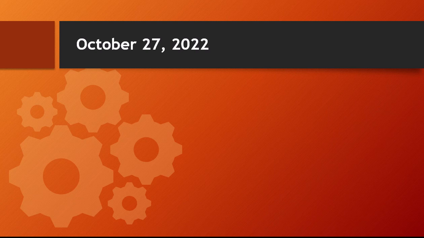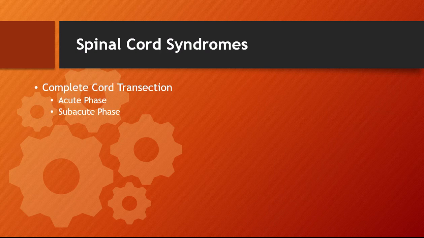All right, so I'm going to record today's session, and we're going to carry on with spinal cord injuries for our patient or discussion today. When we're talking about different types of spinal cord syndromes, keep in mind that there are a couple of phases that you need to be aware of. One is the acute, one is the subacute phase.